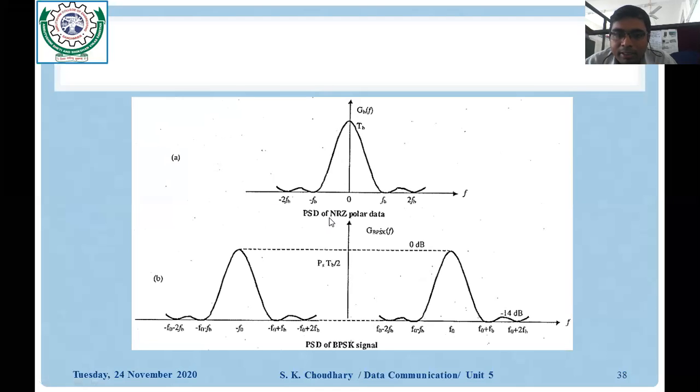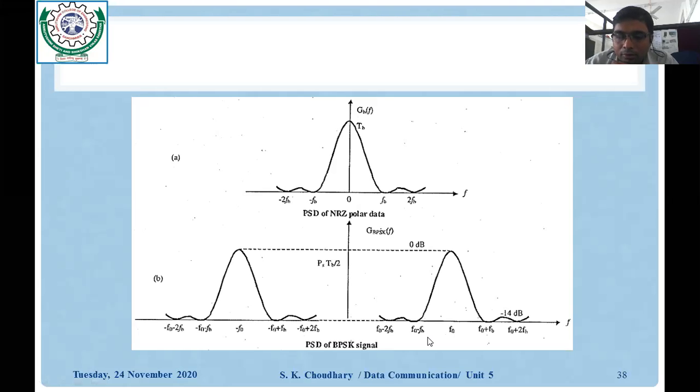You can see this is the generalized diagram of the power spectral density of the NRZ polar data, because we are using this NRZ polar signal as the input data bit BT, and this is the resultant BPSK signal. For binary 1 and binary 0, it is spread on the two sides of this reference y-axis, one on the positive side and another on the negative side, both having the center frequency f0. At f0 it has the maximum power density, that is PS TB upon 2, and it is spread from f0 minus fb to f0 plus fb.